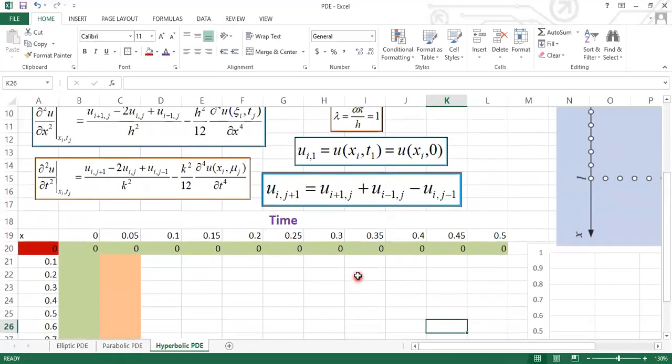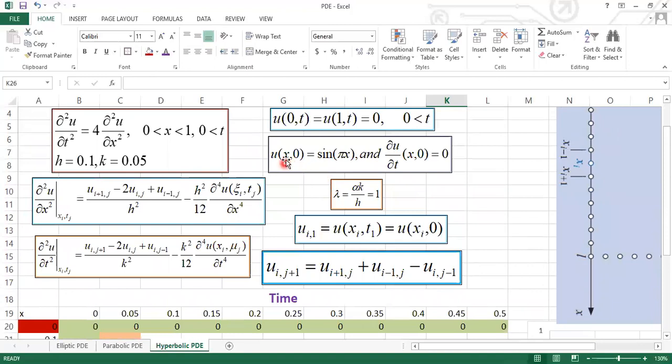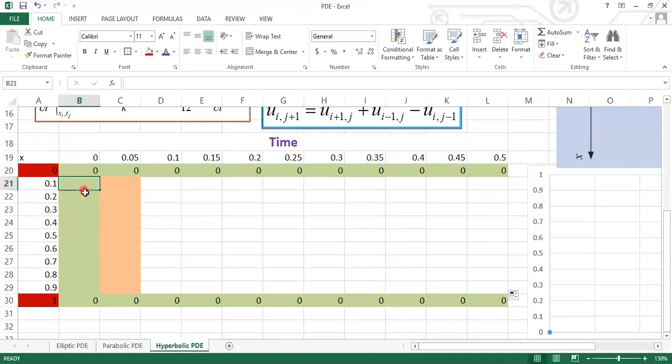Now, the initial condition u(x,0) equal to sine pi x. So for all positions, the value should be computed as sine pi x. So I can write here sine of pi x, pi times the x value.